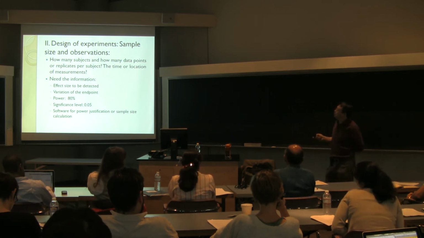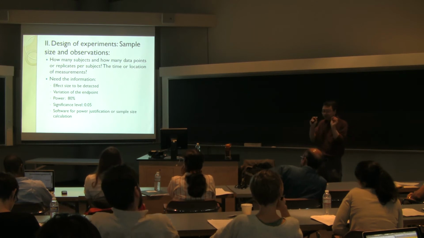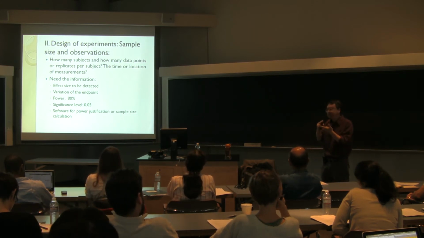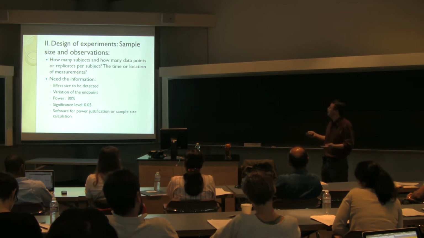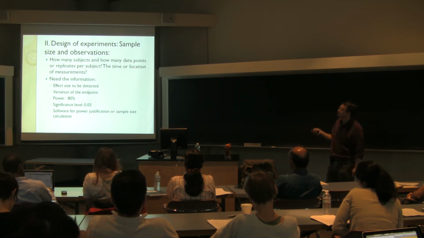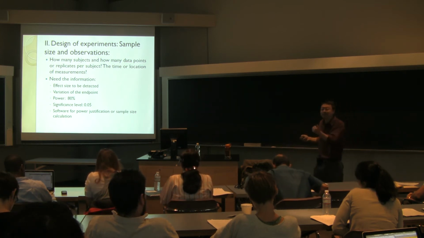So usually when we do this sample size calculation, we use a very simple endpoint response variable, and we make a lot of assumptions, simplify things. Even if you don't know how big the difference is, you have to guess, so this is the assumption, right? Even sometimes the variation of the endpoint, whatever your assay, you don't know. If you have new equipment, you don't know. Again, then you have to guess.